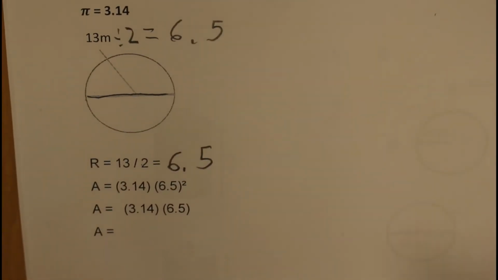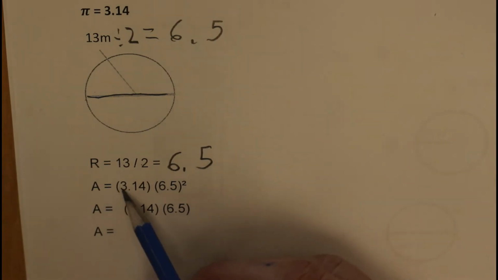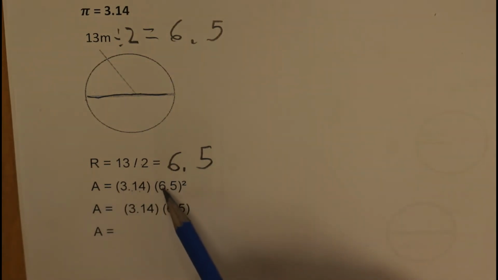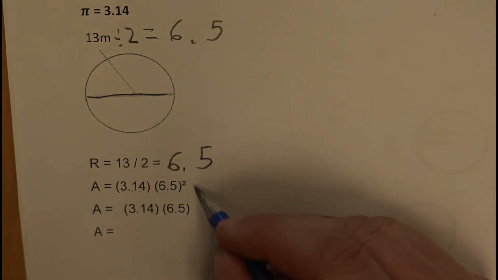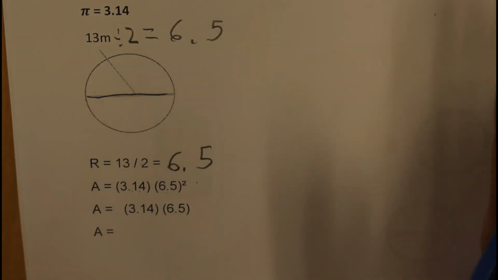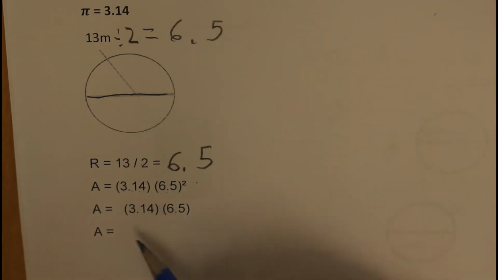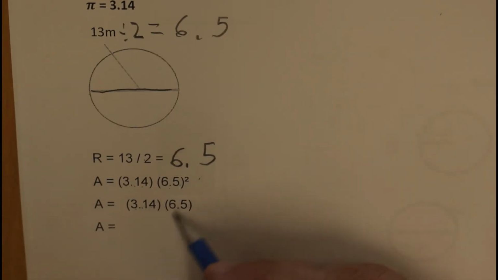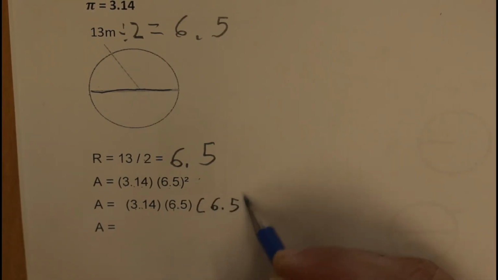All right, and now we have the equation. It is 3.14 times 6.5 squared, times nothing, because we're just finding the area of a circle. Instead of squaring, because quite often people will multiply by 2, just repeat the number twice. So 3.14 times 6.5 times 6.5.